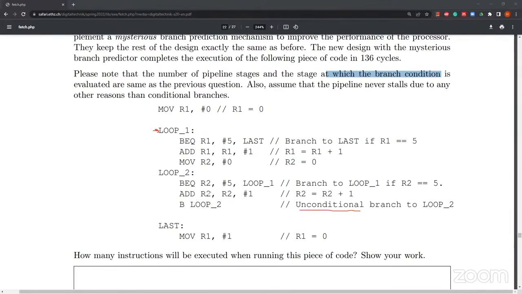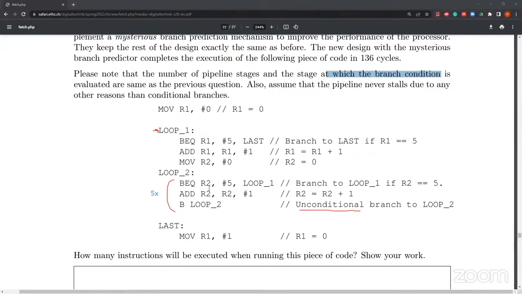So when you think about it, this part is executed 5 times. This is because we start with R2 at 0, and then we don't take the branch when R2 is 0, 1, 2, 3, and 4.